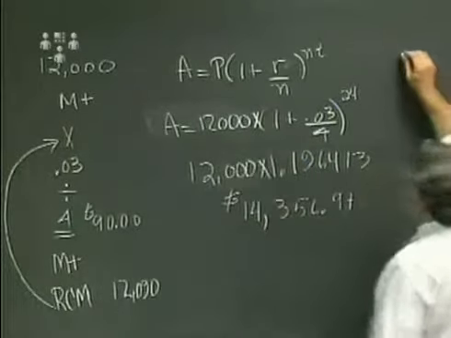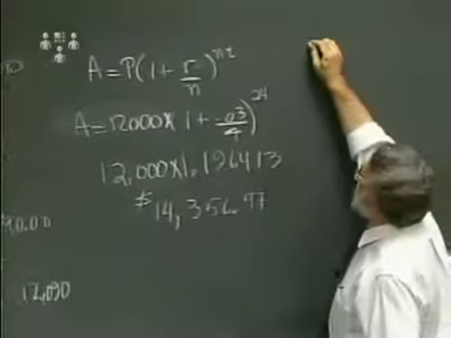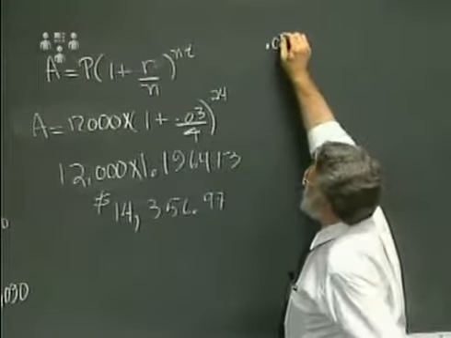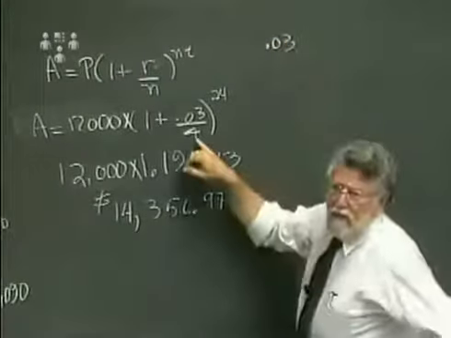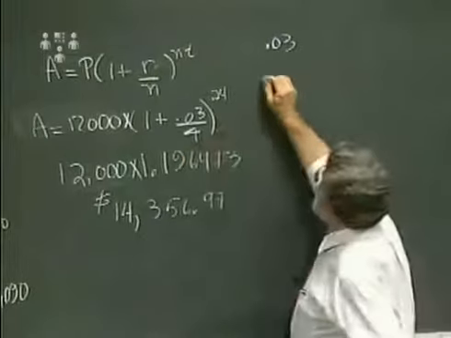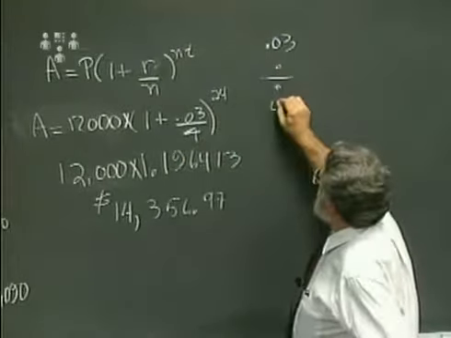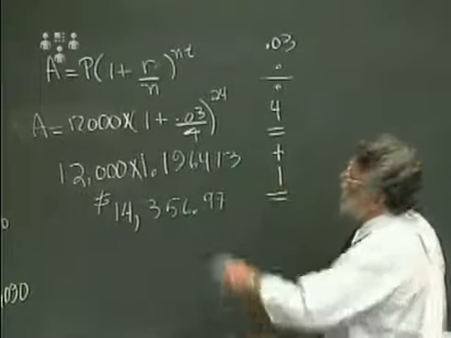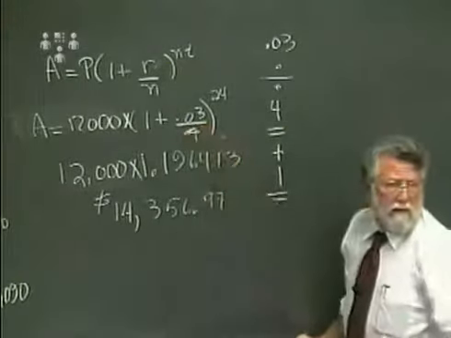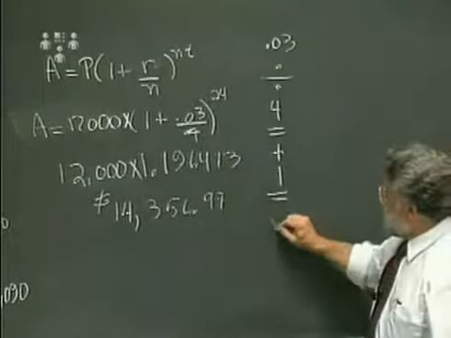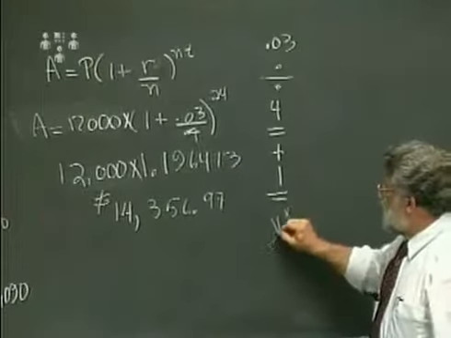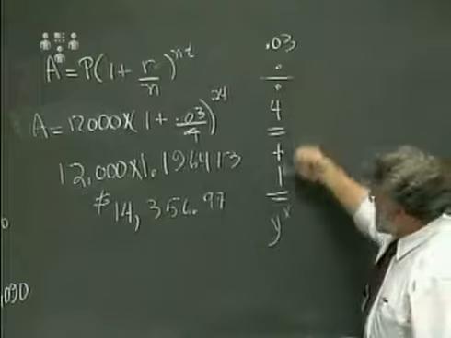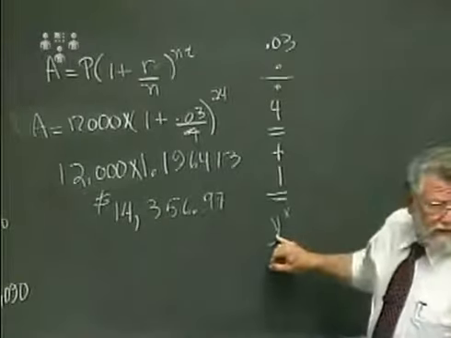What I did, and I'll show this up here as a kind of flow chart coming down. I took my .03, and I wanted to divide it by 4, correct? So I hit divide by 4. Then I hit an equal sign, add 1, and hit equals. And what that gives me is the part here inside. Now once I've done that, I hit the y to the x key. And whatever I have as an answer here is the base.